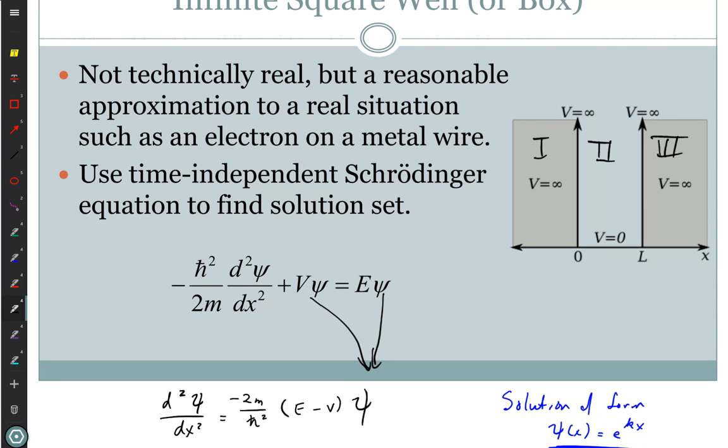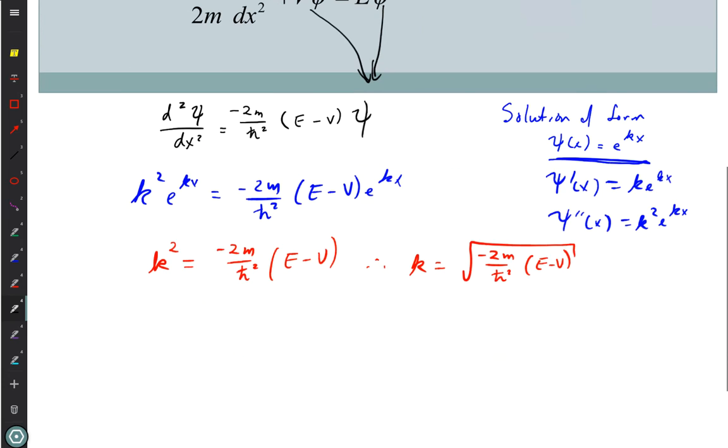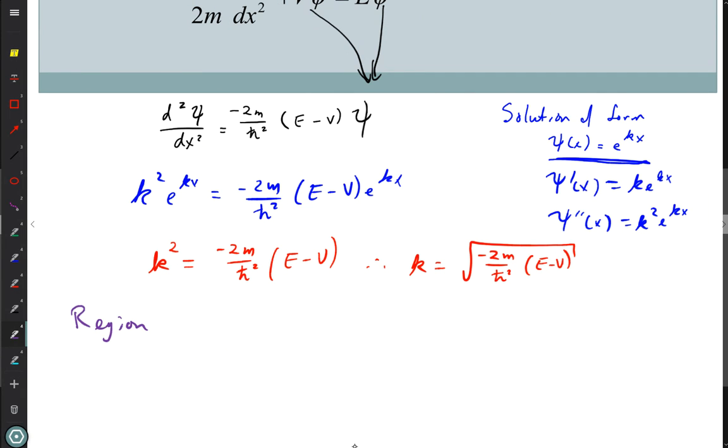The E becomes immaterial because the energy is not going to be infinite. So we're just going to have minus infinity for that E minus V, which means in region 1, I have k equal to the square root of minus 2m over h bar squared times minus infinity.